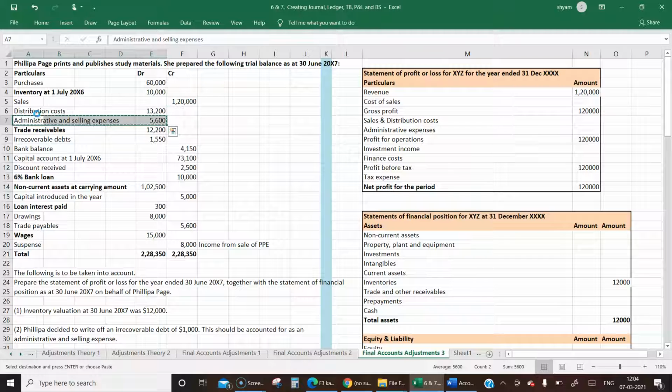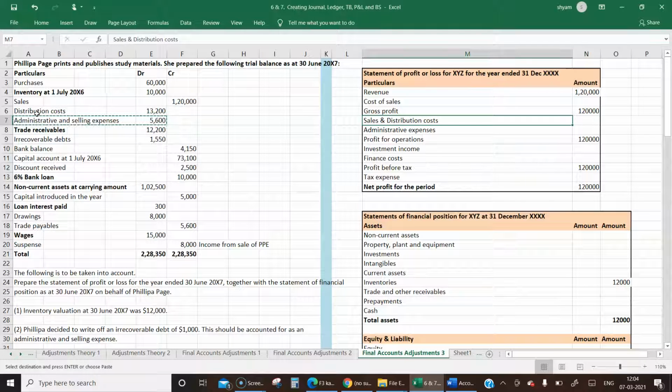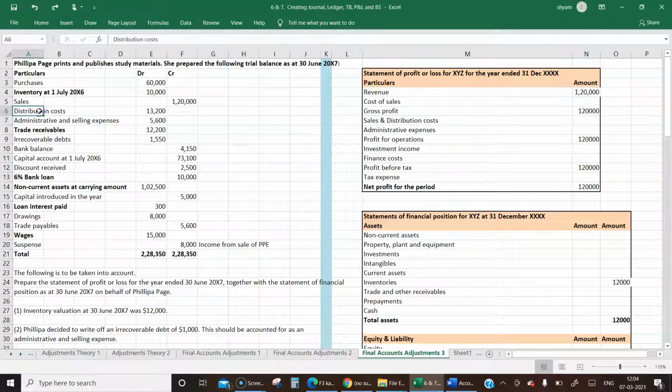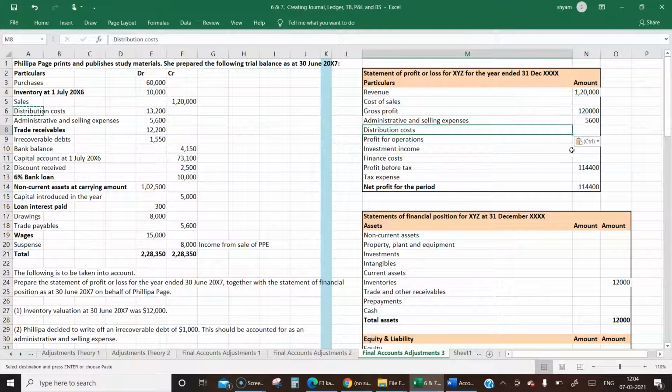So first we'll take administration cost. We'll put it here. It's 5,600. And distribution cost is 13,200.